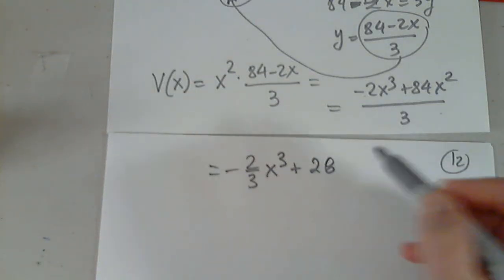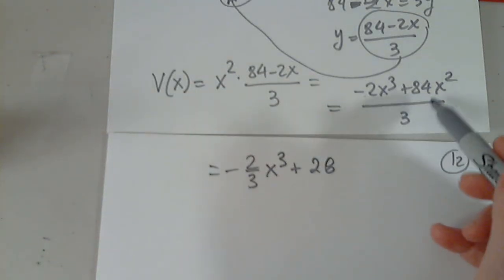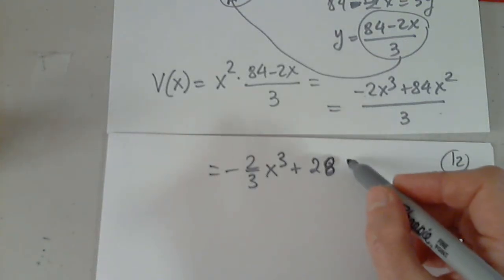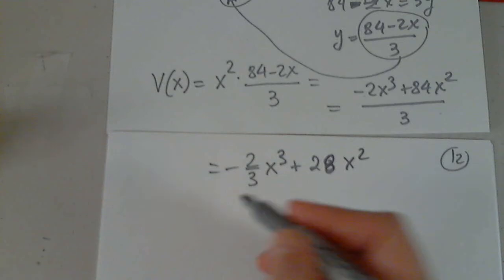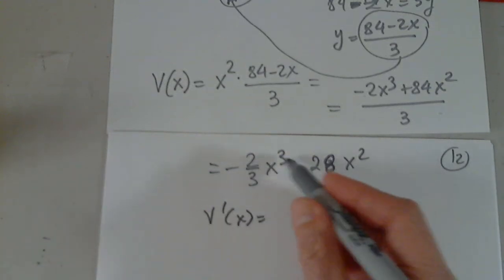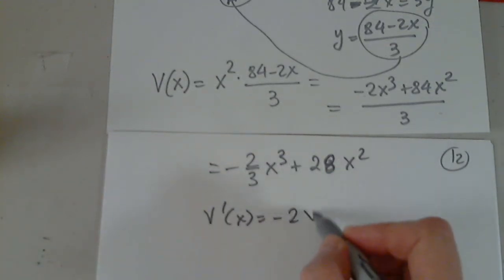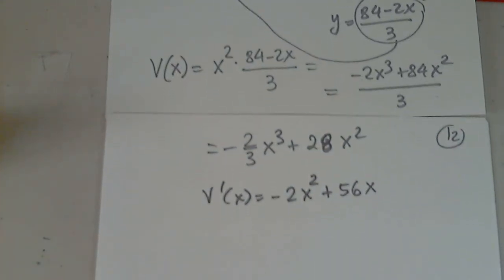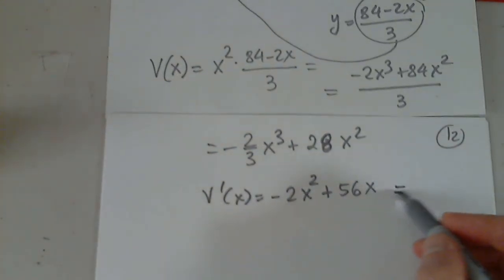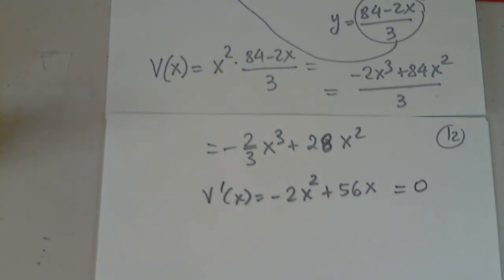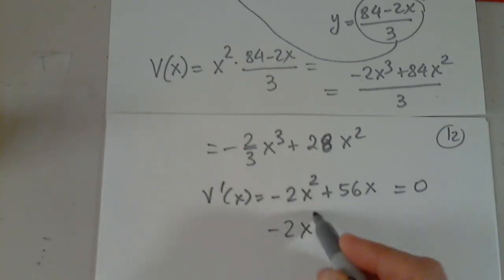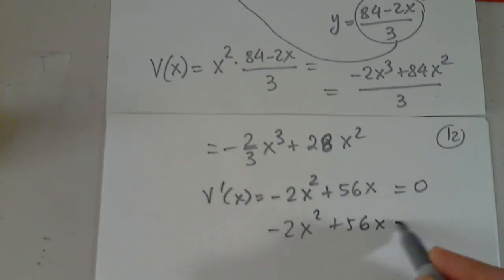Yes, 28 x squared. And now I will differentiate, V prime. I bring down 3, so this is negative 2x squared plus 56x, and I set this equal to 0. No critical numbers coming from V prime being undefined, of course. So negative 2x squared plus 56x equals 0.